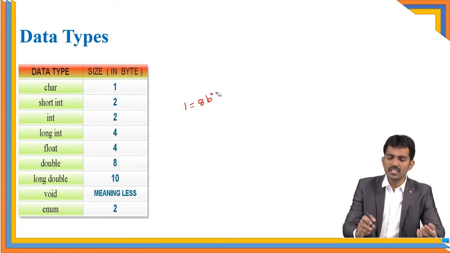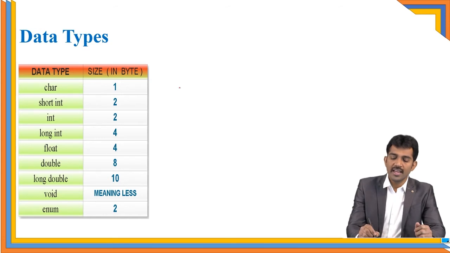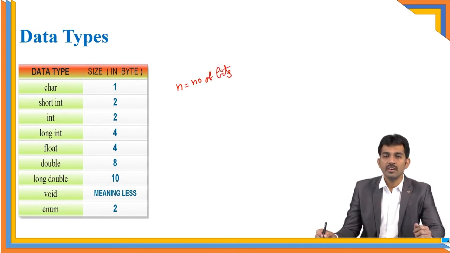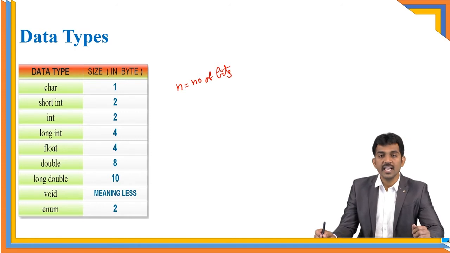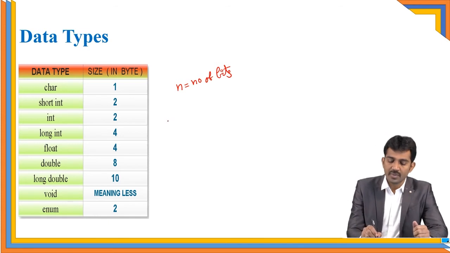So I want to know what is the maximum size of the value it is going to store. For example, n is the number of bits. I am going to tell you one formula. For example, it is signed. Signed means the value contains from negative to positive.